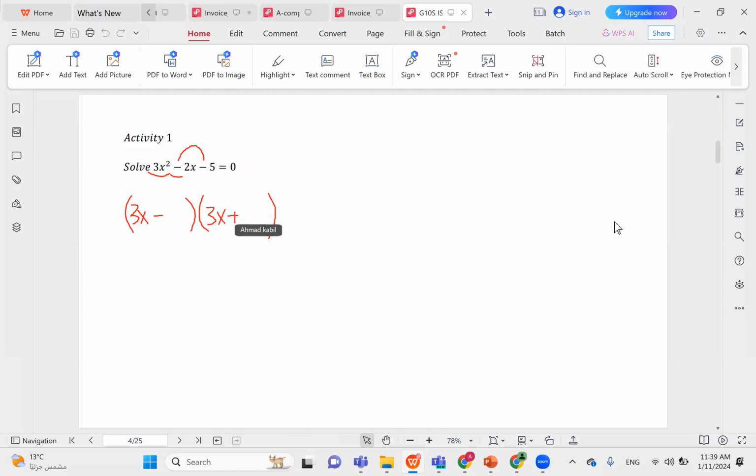Then asking ourselves, what are two numbers multiplied together to give us 3 times -5? So a times b equals -15. And the difference between them, a minus b, is equal to -2, which is the middle number. We know that it's a difference, not a sum, because the second sign here is negative.